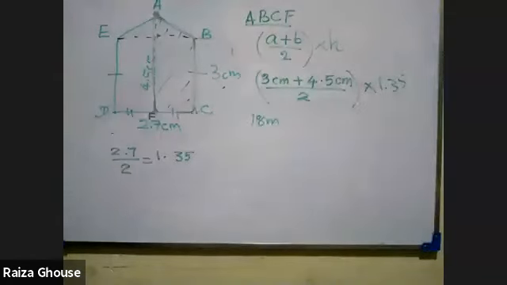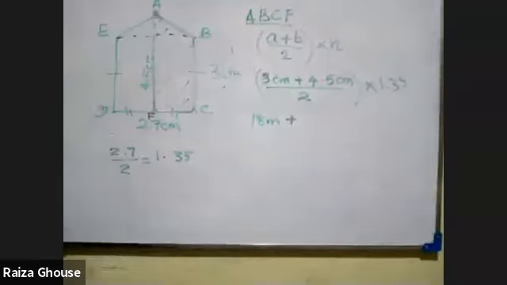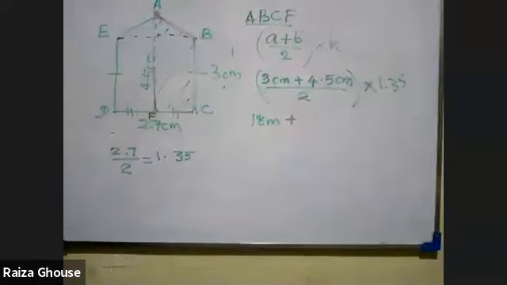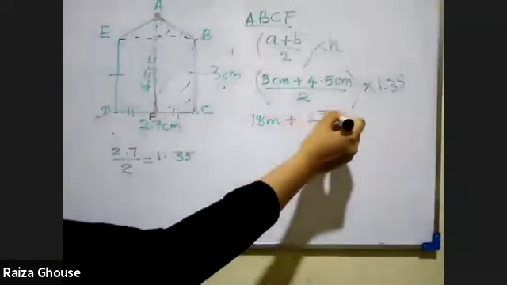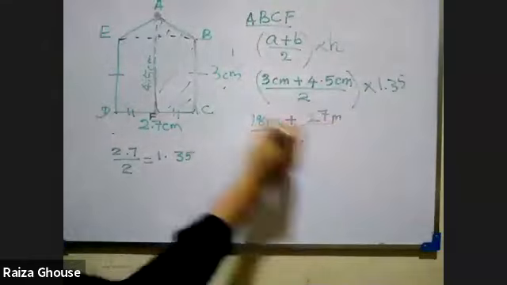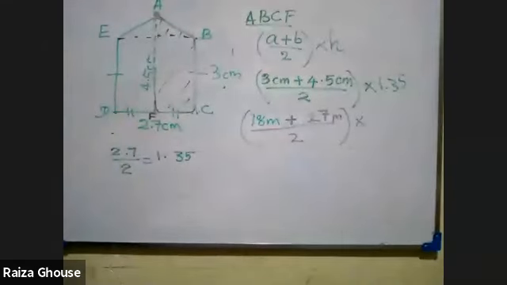Then find for 4.5 centimeter. 1 centimeter is representing 6 meter, so 4.5 centimeter in meters is 27 meter. Add that, divide it by 2, and then multiply by 1.35 centimeter converted into meters according to the scale.